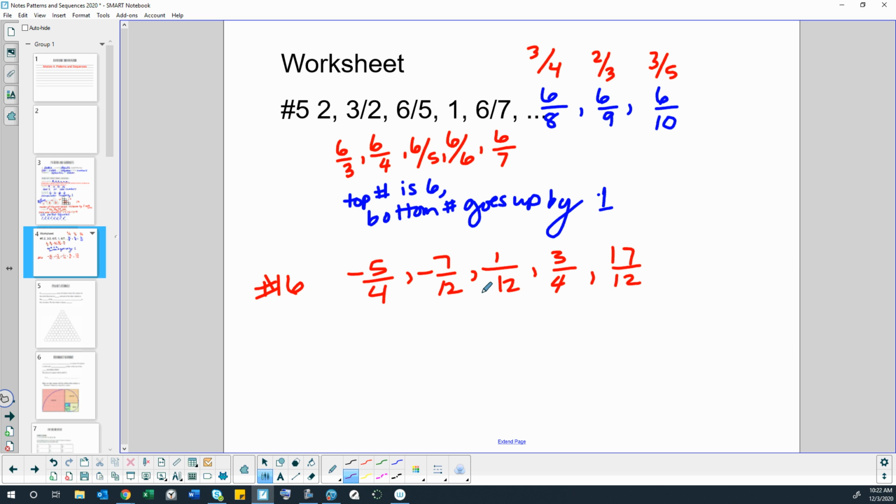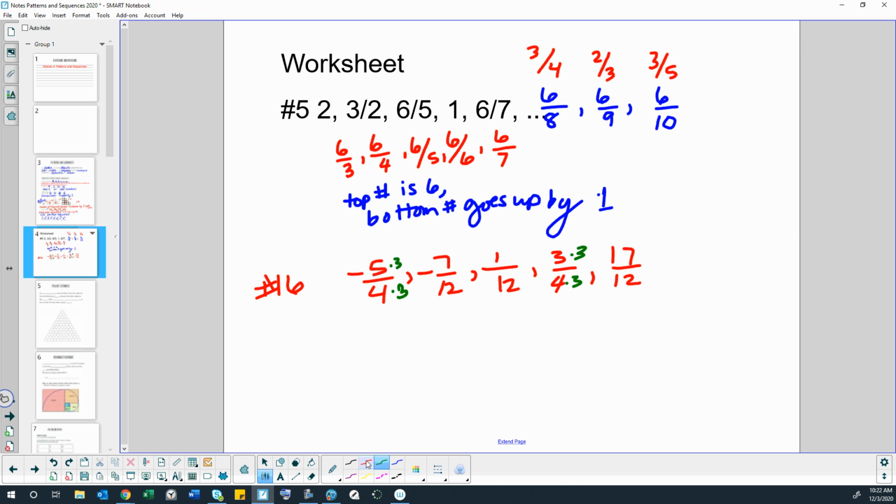So look at how some of my numbers have 12s on the bottom and some do not. So the ones that don't have 12s on the bottom, I'm going to multiply them by 3's so that they will have 12s. Oh, not negative. I did that wrong. But multiply by 3, multiply by 3, multiply by 3.